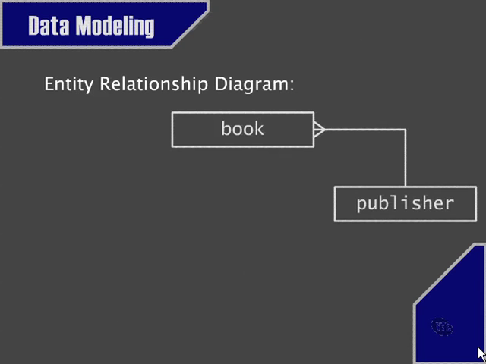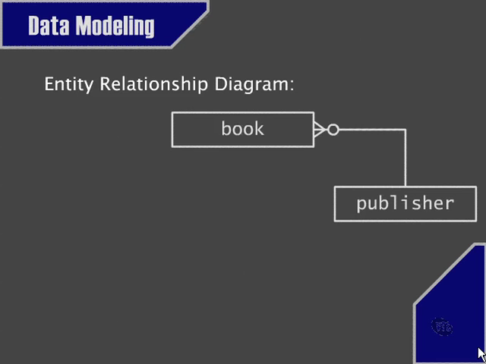If it's a one-to-one relationship, we simply put a single line. We can also use a circle to indicate that the relationship is optional on the part of one or other of the entities. That is to say, a publisher can exist within our database that hasn't published any books yet.